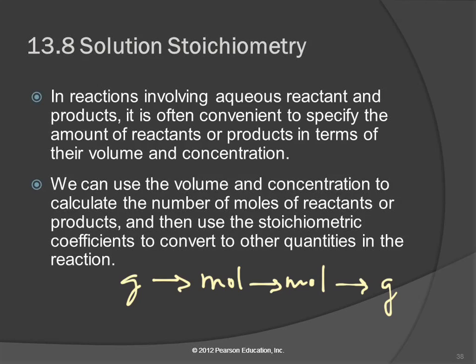And so we can have little variations. We can start with liters of a solution of known concentration. We can convert from liters to moles using molarity. So we could go liters to moles to grams. Or we could go liters to moles and end up with a volume of a certain concentration. Or you could have any combination of these.